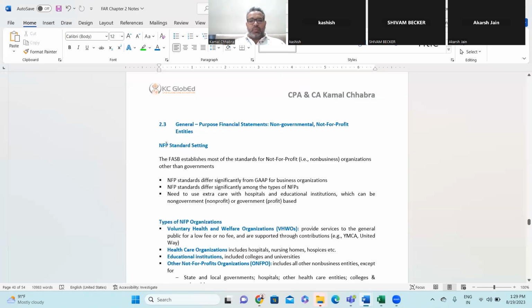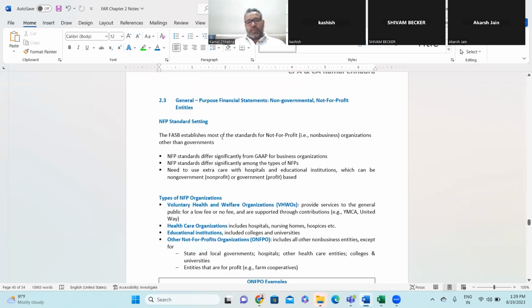Now coming to the general purpose financial statements for non-governmental not-for-profit organizations. In short form, we'll say NFP. So first one is the standard setting. Again, like we discussed earlier, there are three standard setting bodies. What are those three bodies?